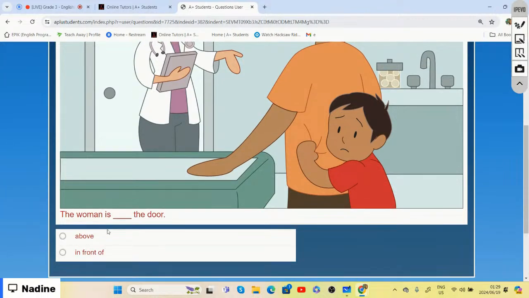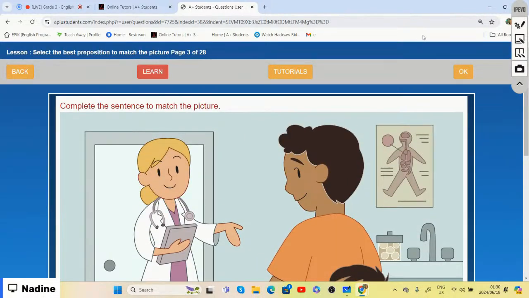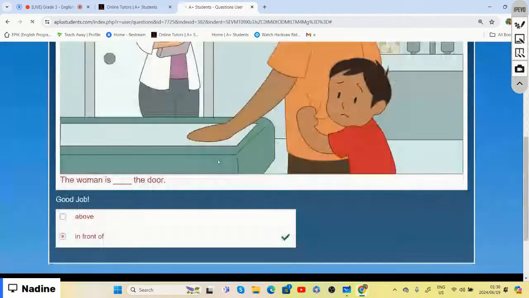Is she above the door or is she in front of the door? All right, so we can say that the woman is in front of. It's like she's standing in front of the door. So well done. In front of is correct.